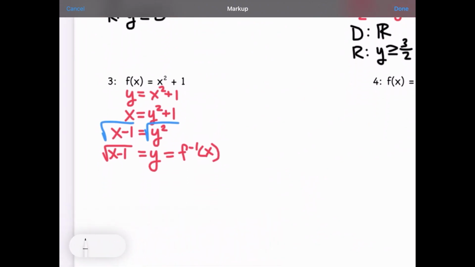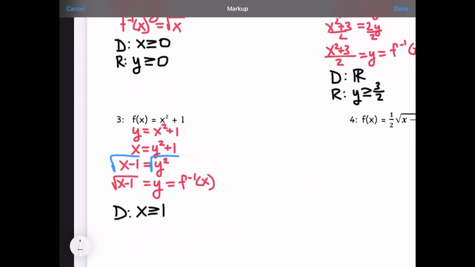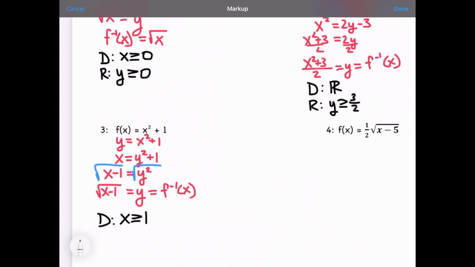So if we look, the square root of x minus 1, that means we shifted 1 to the right. So our domain is going to shift from x greater than or equal to 0, like we had in the first one, to x greater than or equal to 1. Now our range, we don't have a k value, so the range is still y greater than or equal to 0, just like number 1 was.